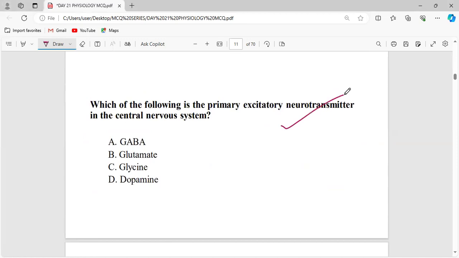Which of the following is a primary excitatory neurotransmitter in the central nervous system? Your answer for this question? We have 10 more minutes, so answer very quickly.